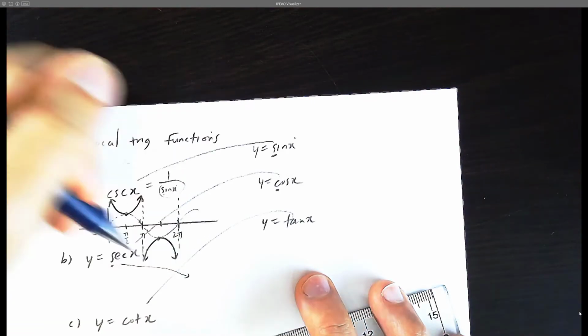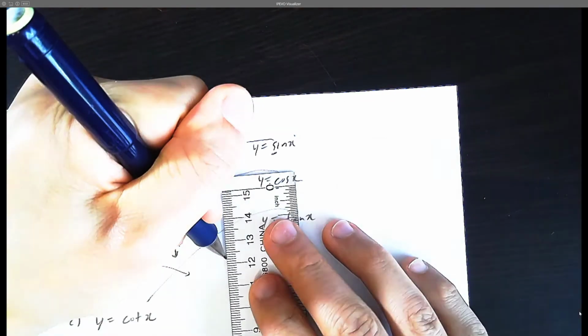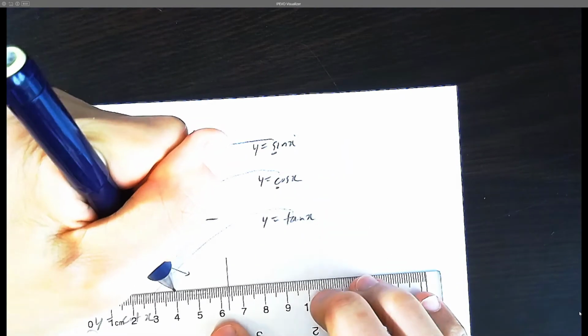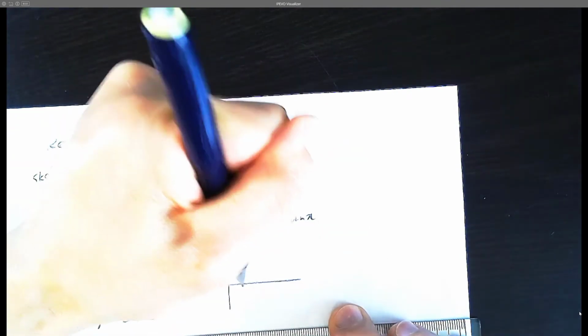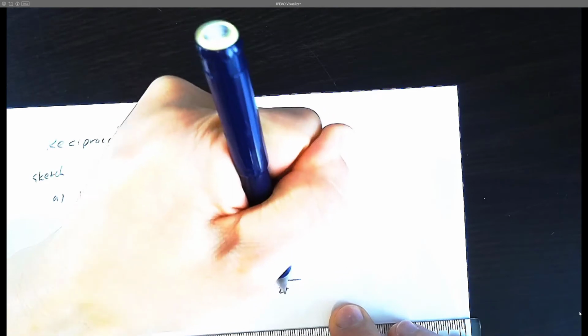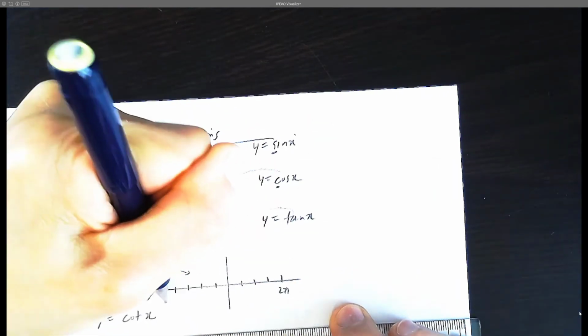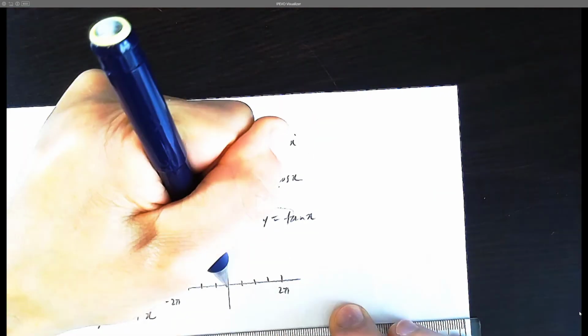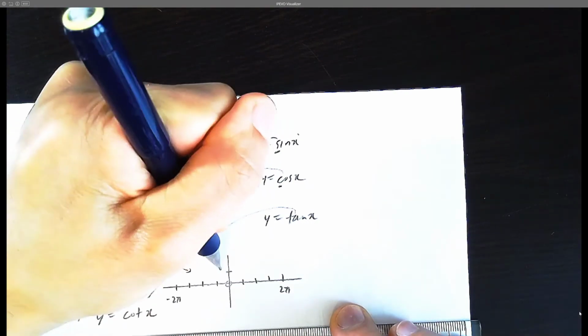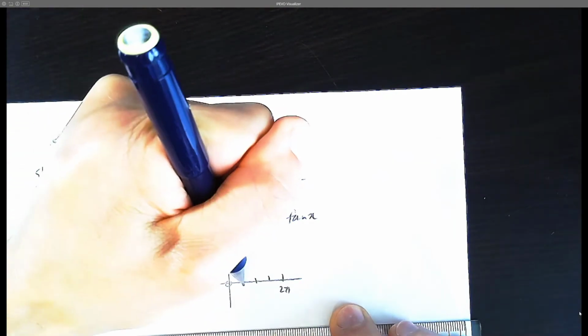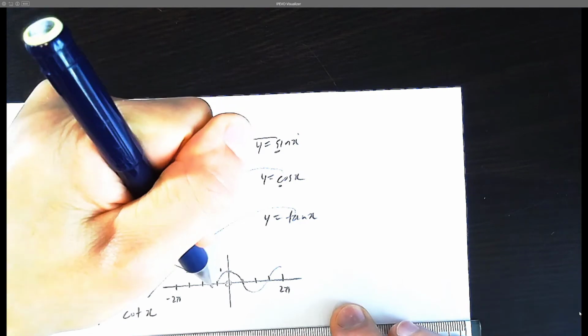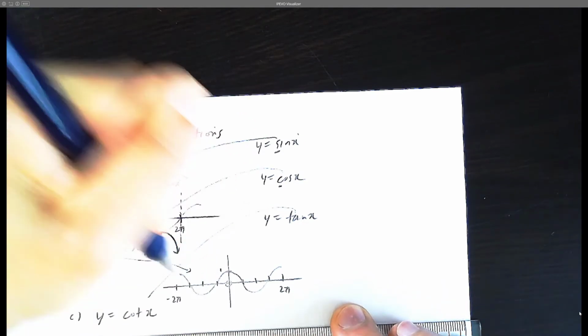Similarly, let's focus on secant. So for secant, you can draw a cosine, 2 pi, and you can even go towards the negative 2 pi direction. This is 0 in the center. Cosine starts at 1, goes down, and it goes like this. I'm just drawing a bit more than usual.